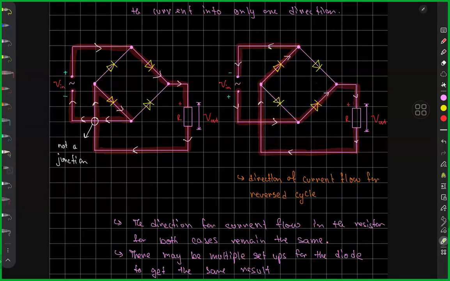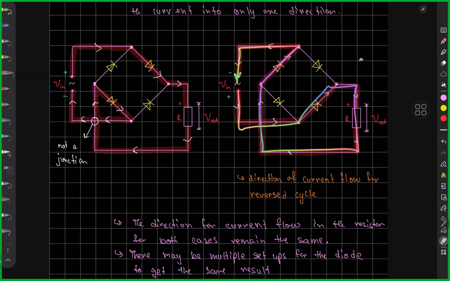So that is how the circuit is complete. Again, I'll redraw it. Goes here, here, here, here, here, up, up, left, and reaches the negative terminal. This is how the circuit is complete.